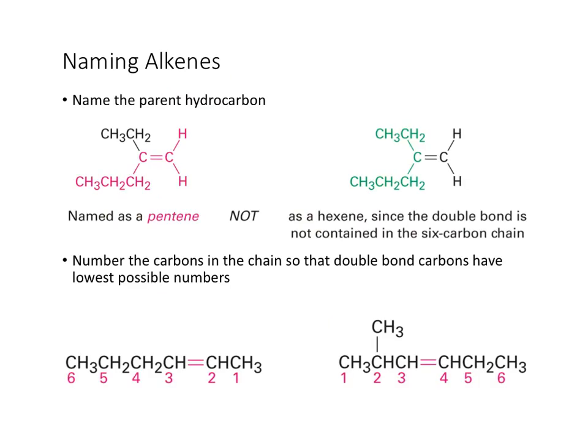Next, you want to learn how to name alkenes. So we're going to name the parent hydrocarbon, and we're going to change the ending from ANE to ENE, because it's an alkene. So for this compound, it's 5 carbons, 1, 2, 3, 4, 5, the longest parent chain.